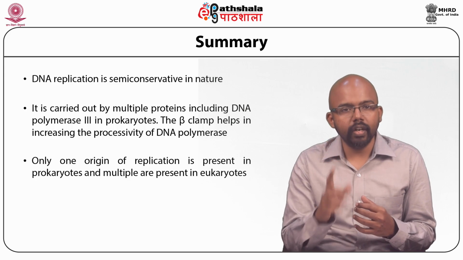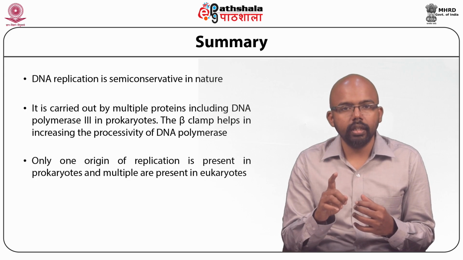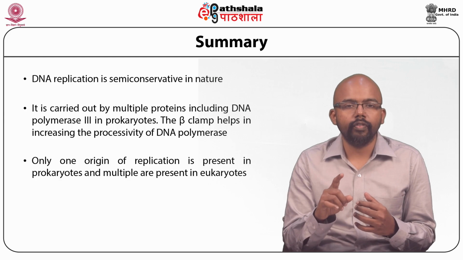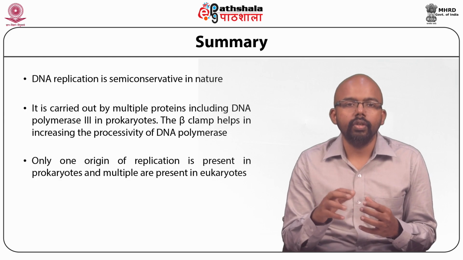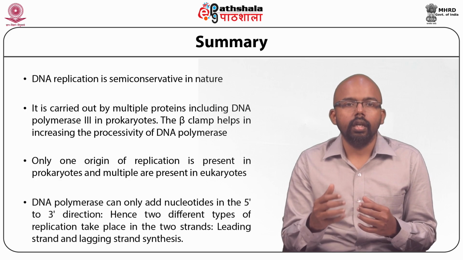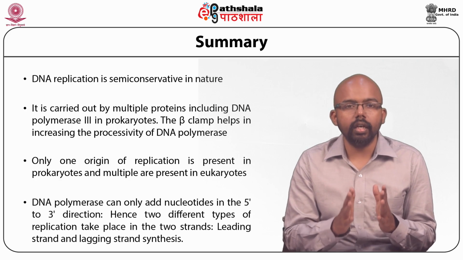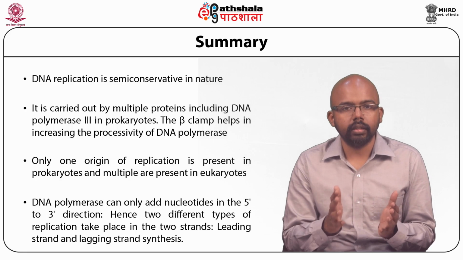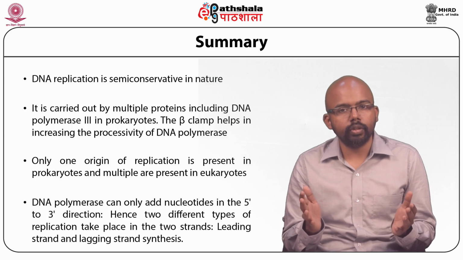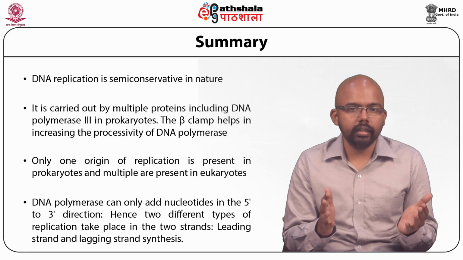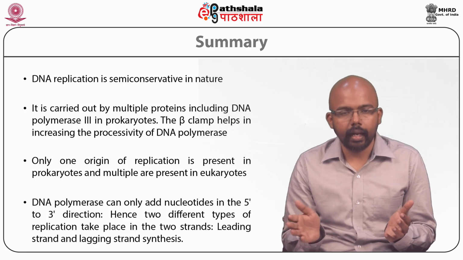Only one origin of replication is present in prokaryotes, and multiple origins of replication are present in eukaryotes. DNA polymerase can add nucleotides only in the 5' to 3' direction. Hence, two different types of replication take place in the two strands. One is the leading strand and one is called the lagging strand.